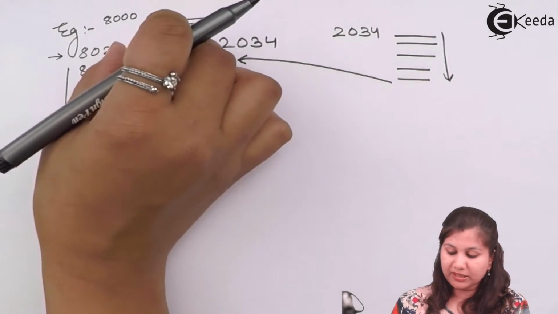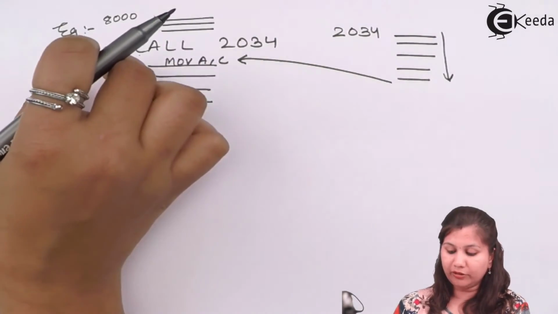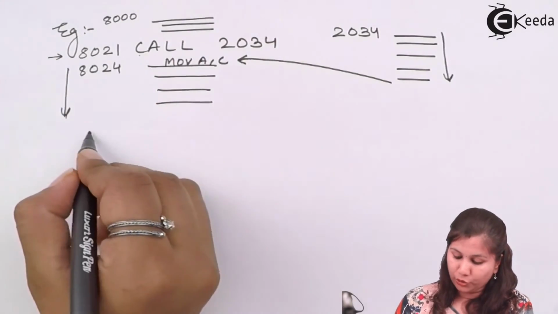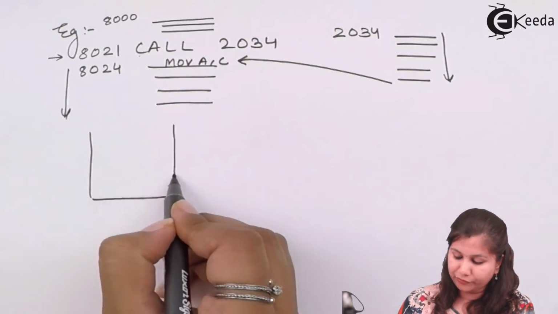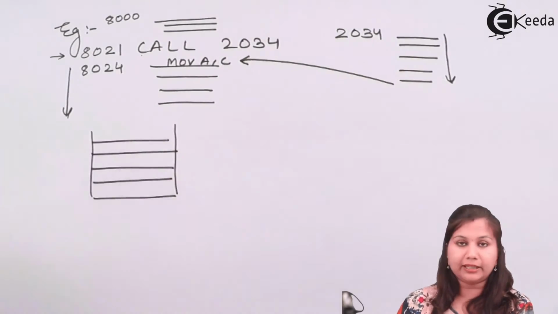When the microprocessor is executing this call instruction, it is going to store the address of the next instruction in the stack. The stack is the set of memory locations which are used for temporary storage of data.